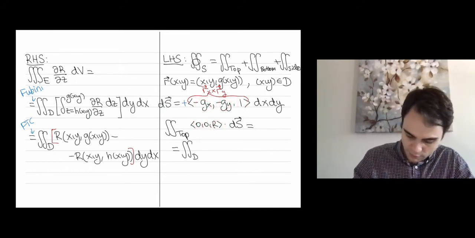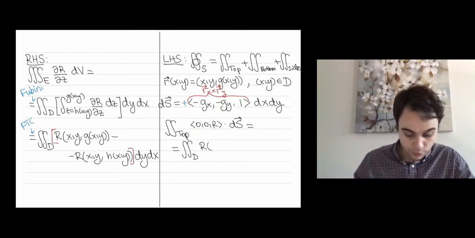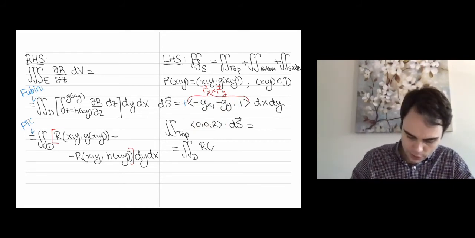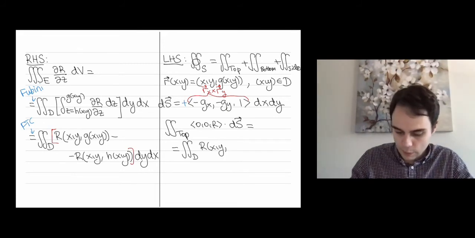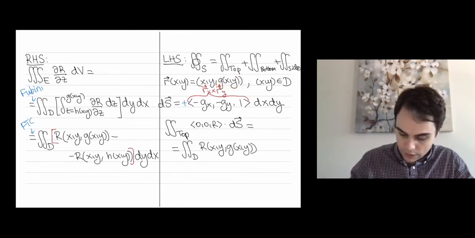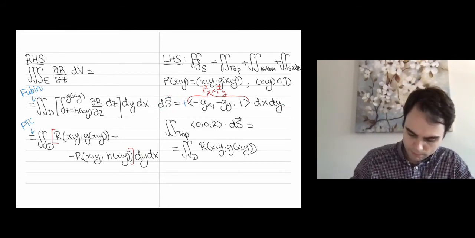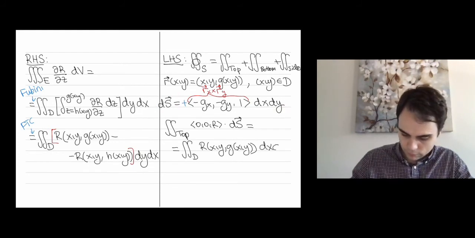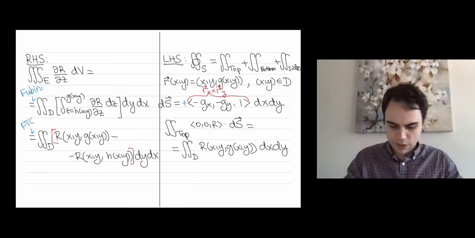So I'm just left with r. Now r I have to express in terms of the parameters, x and y. What's z in terms of x and y? That's given by this parameterization. That's g of x, y, times dx dy, what remains of dS, which is the same as dy dx.